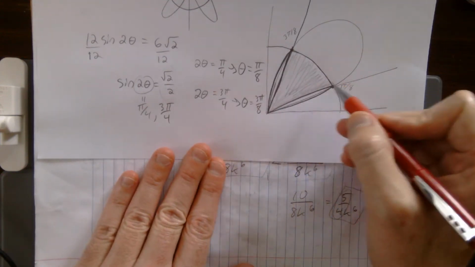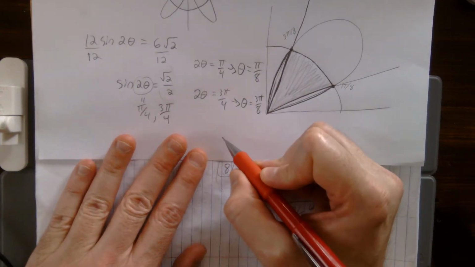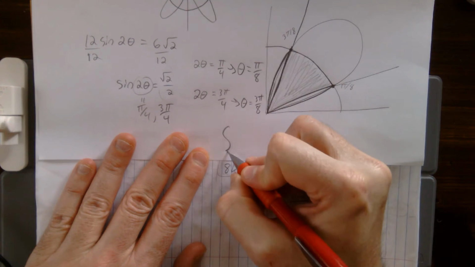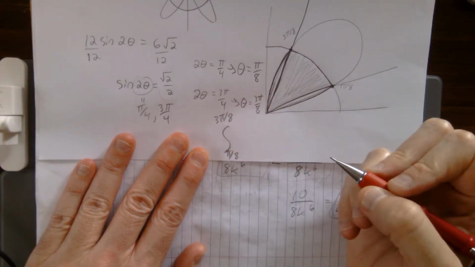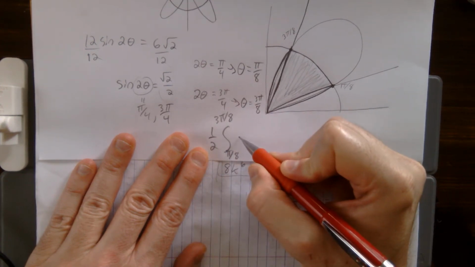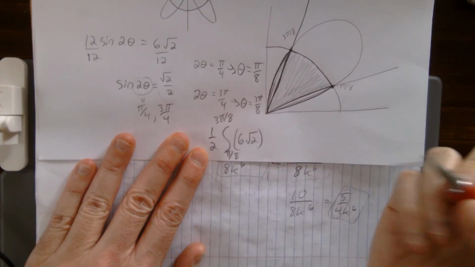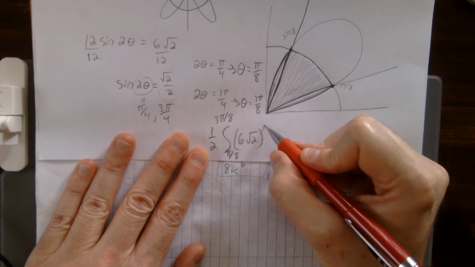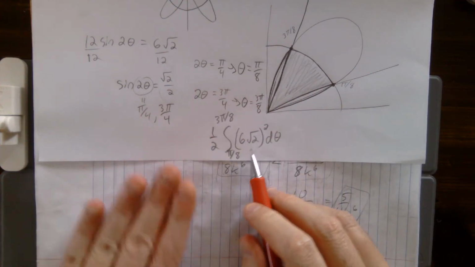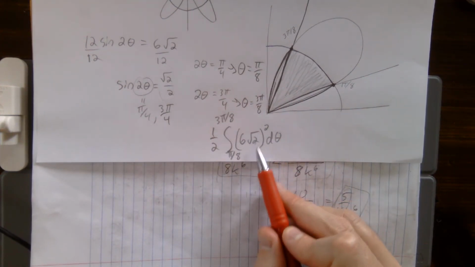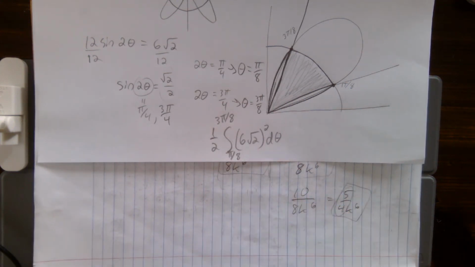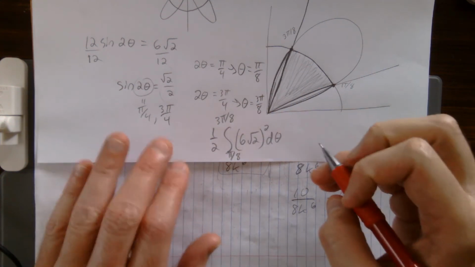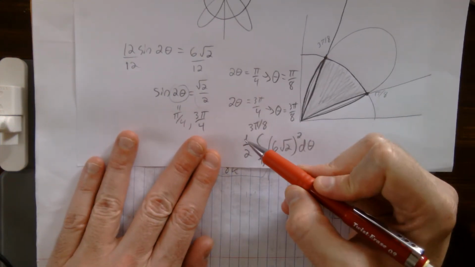So the area of our circle, the wedge, is the integral from pi over 8 to 3 pi over 8 of 1/2 times the function of theta, or r, squared d theta, which is just a constant value. So you can make this 36 times 2 divided by 2, pull that all out, and you'll just have a d theta, which integrates to theta. However, we need to quadruple that.